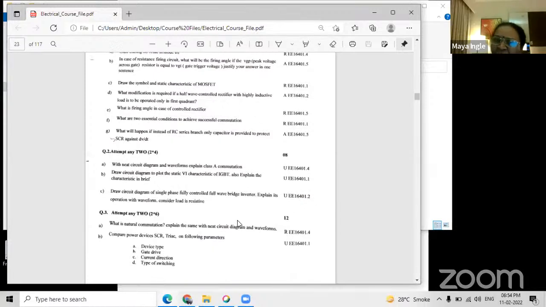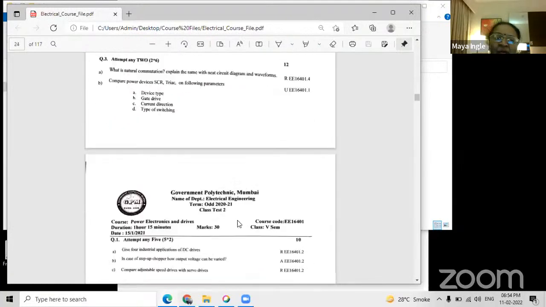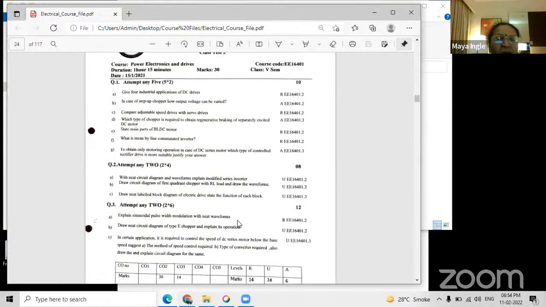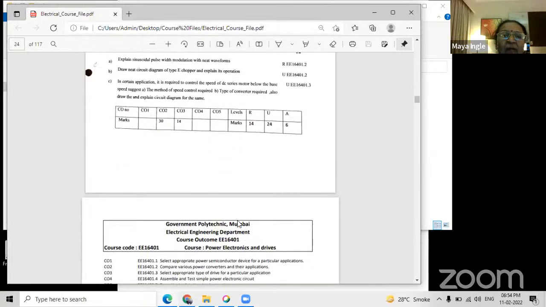Why is it so? Because it helps us in assessment and attainment of marks, in terms of calculation of POs and PSOs, PEOs also. So test question marks are to be included here.